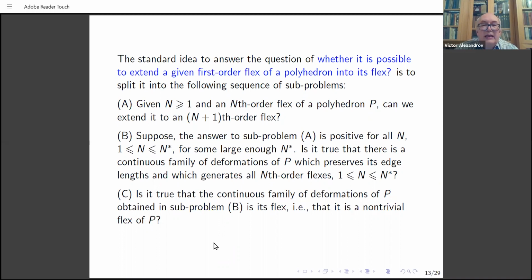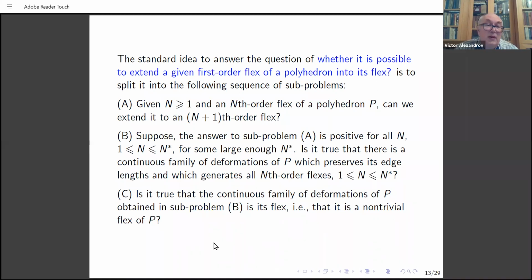Is it true that there is a continuous family of deformations of P which preserves its edge lengths and which generates all nth order flexes? So are these higher order flexes generated by some flex?